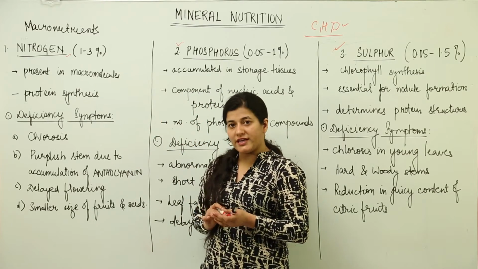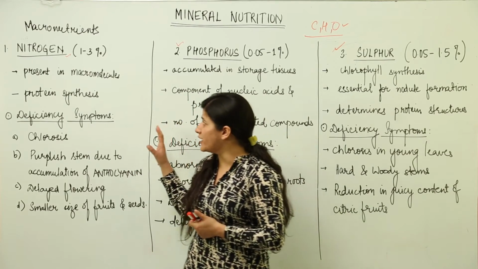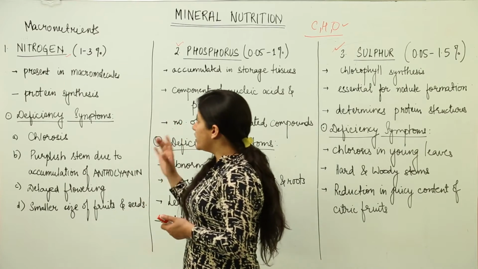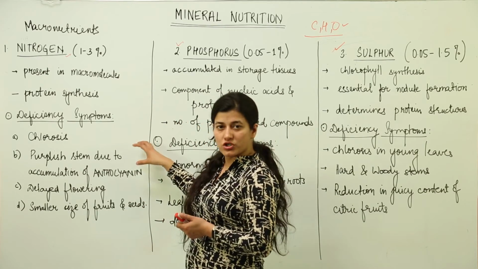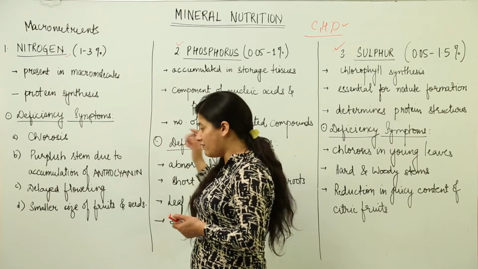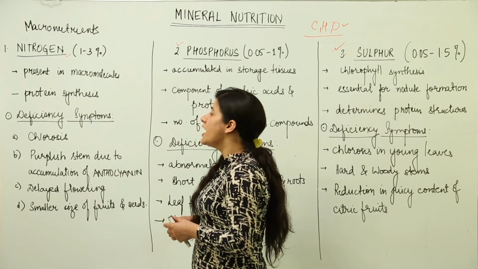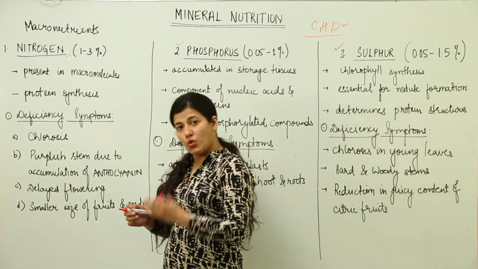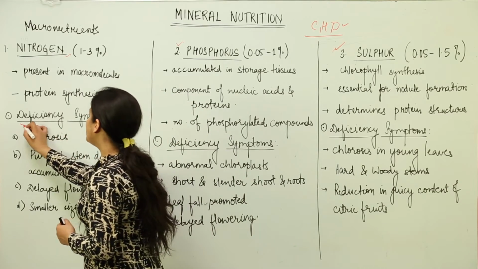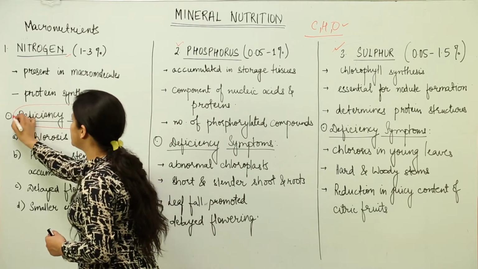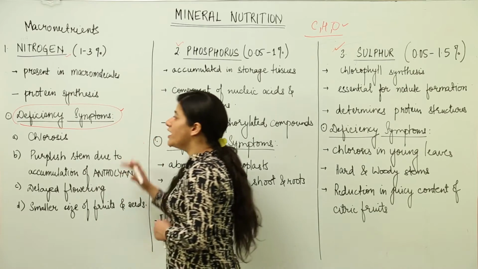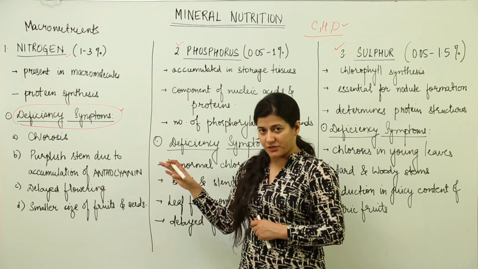So first of all, let's take the first one, that is nitrogen. Not just nitrogen, for every macro element we are going to study the role of the individual element, and then put light on the deficiency symptoms that the plant is going to show in case the soil is deficient of that particular element.